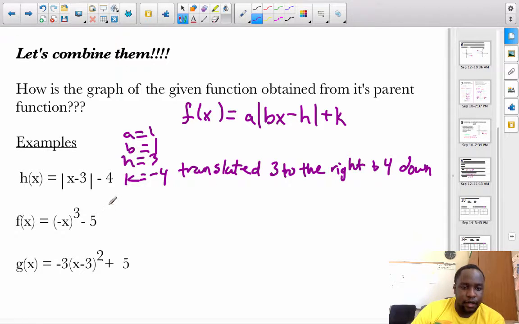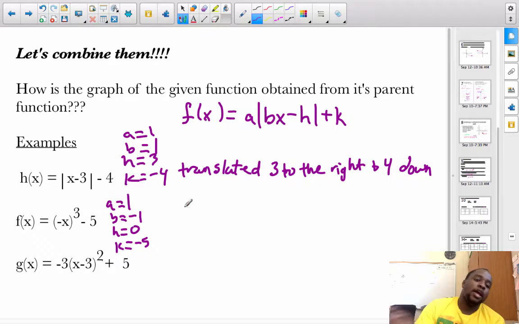Okay, so here we have A, B, H, and K. A is 1, B is negative 1, H is 0, and K is negative 5. So we have reflection across the y-axis, and we're starting off with x cubed.